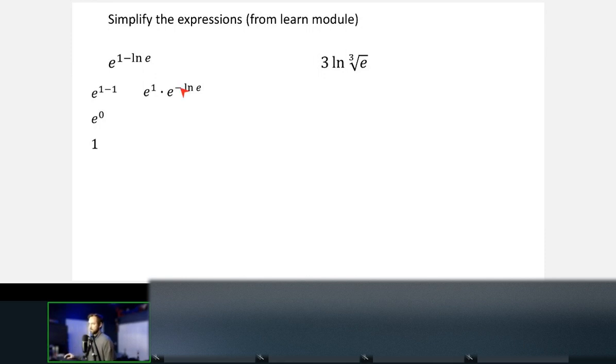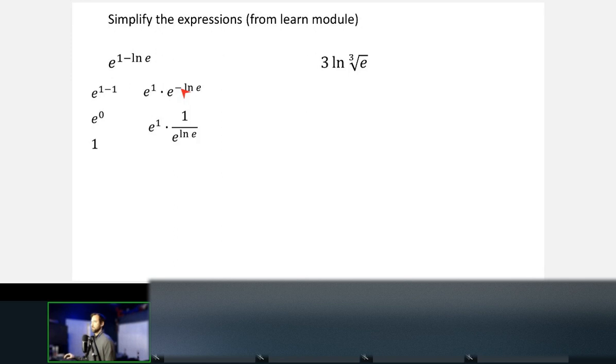So when you have a negative exponent, ignoring the fact that it's in front of a natural log, what does the negative exponent tell us to do? Yeah, it creates fractions. In other words, it means take the inverse. So if it's in the top, we just move it to the bottom. So it becomes e to the first times 1 over e to the natural log e.